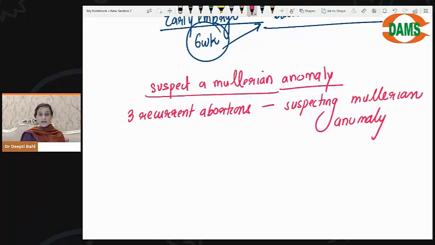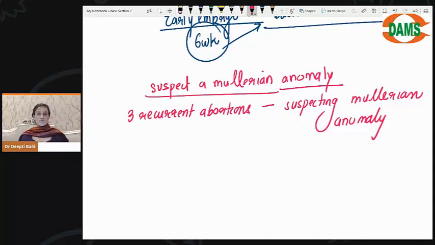Please remember, a patient will not come and tell you, doctor, I have septate uterus, please treat me. You have to know how they can present. So let us say a woman comes to our clinic and says she's been having 3 recurrent abortions, and when you hear about it, you think, this could be a Mullerian anomaly.